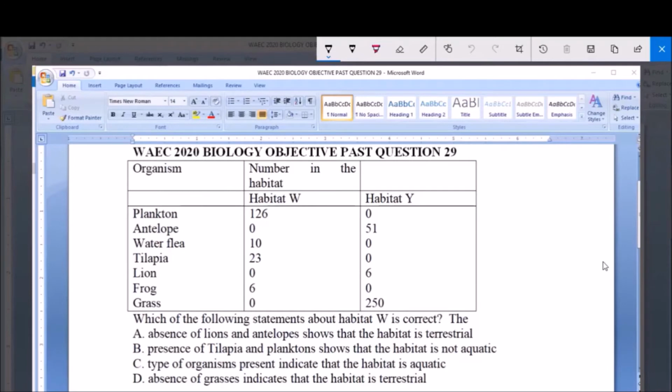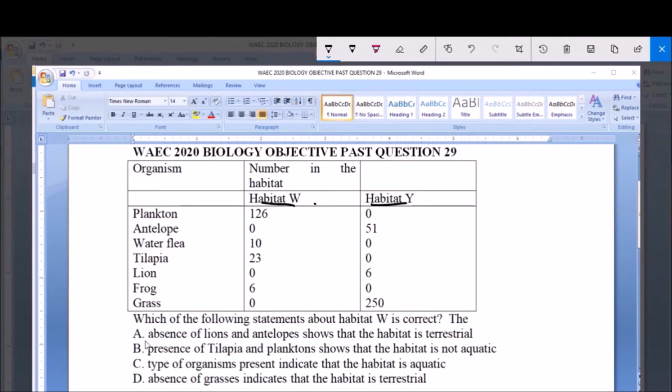Hello and welcome. I'm going to be answering WAEC 2020 Biology Objective Past Question 29. So we have a table showing some organisms, their number in two habitats, habitat W and habitat Y. So the question asks, which of the following statements about habitat W is correct?